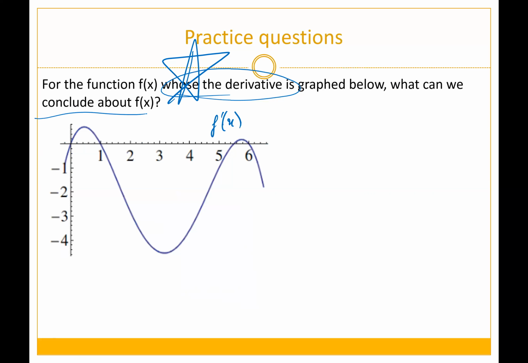So from f prime of x, let's see what we can have here. Here we have positive, negative, negative, and then slightly positive here, and then negative again. We can conclude that we have a local maximum based on the first derivative test, and a local minimum. When you go from negative to positive, it's decreasing and then increasing.